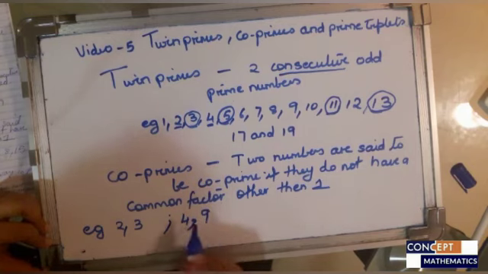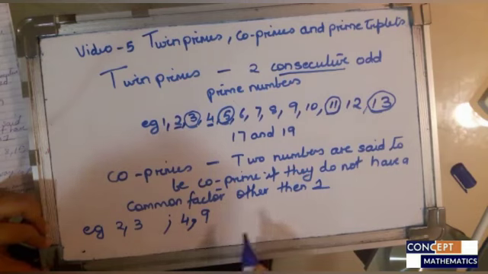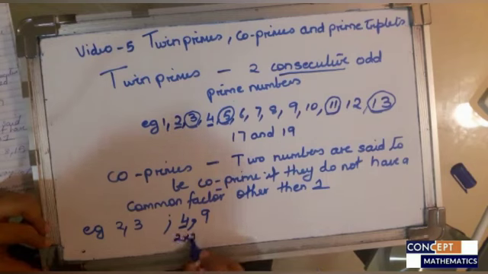Now you know factors. I have done a video on factors and multiples in video 2. So you can go back and check factors and multiples if you are not clear. So 4 has factors like 2 into 2, whereas 9 has factors 3 into 3.